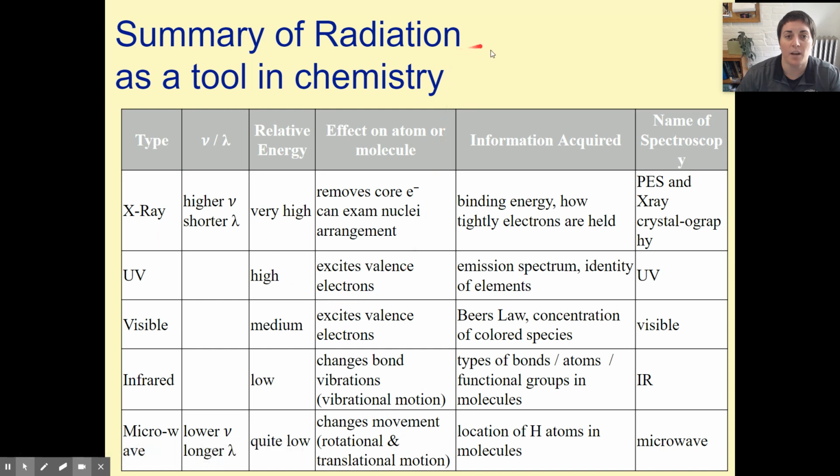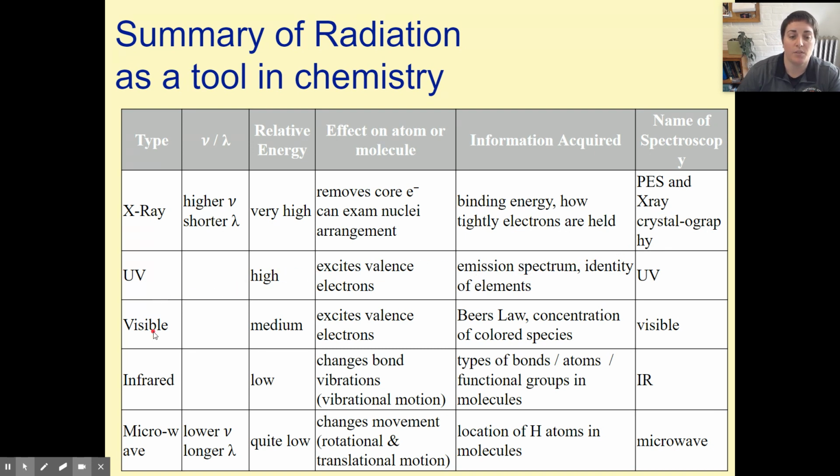So this table summarizes all of those radiations in terms of how they can be used as a tool in chemistry. X-rays have shorter wavelengths, so they have higher frequency and higher energy. They can remove core electrons. They can be used to examine binding energy, and they're used in PES and X-ray crystallography.